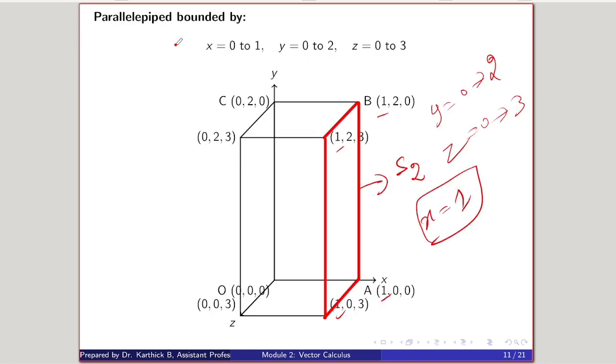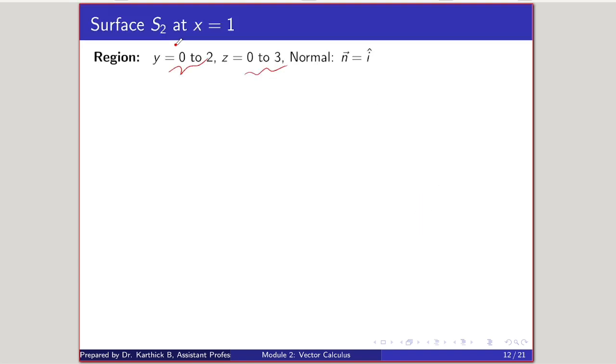And I have to find the normal vector. This is the face, this is the surface. The normal, perpendicular, is along the x-axis. The x-axis is denoted with the i vector. So our normal vector will be the i vector. Okay. So now we already have found the gradient cross F, and n cap is i.